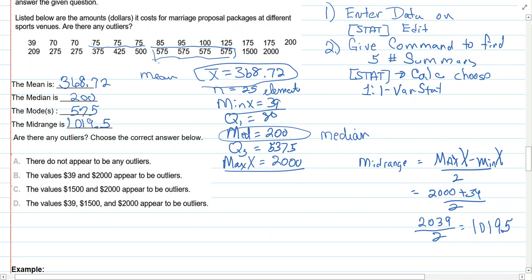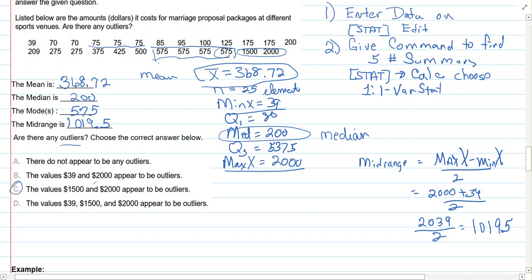Now, it says, are there any outliers? Well, 39 is small, but the outliers that really grab us are these two, because it just says 39 and 2000 appear to be outliers, but not really, because the difference here is 31, and the difference here is 500. So that could be right, but it's not. The values of 1500 and 2000 appear to be outliers.